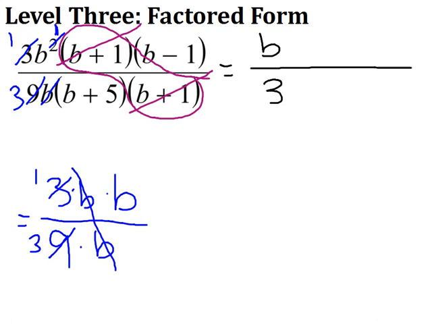Because they're multiplying, we can do that. So now all I would be left with in my numerator, the b minus 1 and the b plus 5, don't cancel with anything else. So b minus 1 and b plus 5.